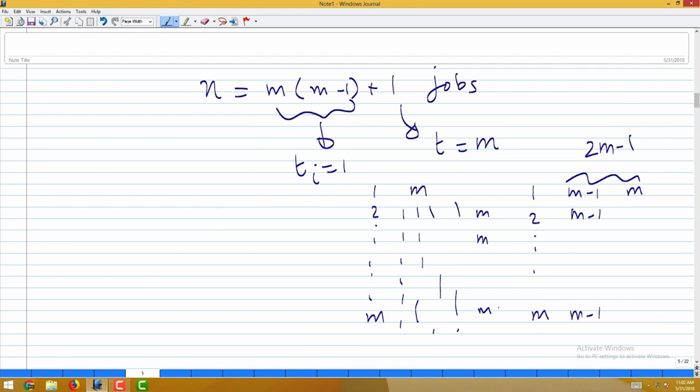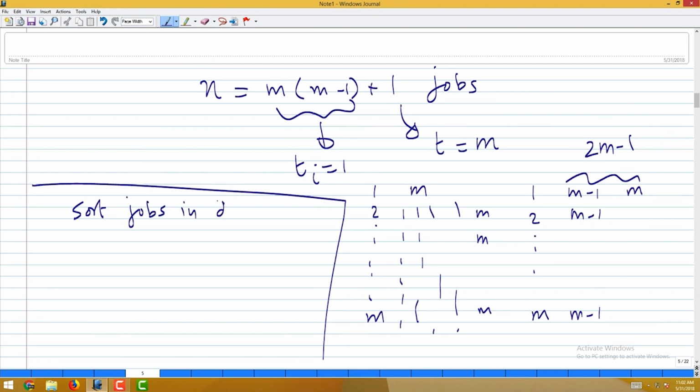Good. So, now the next algorithm: sort jobs in non increasing order of the times, then do the greedy.